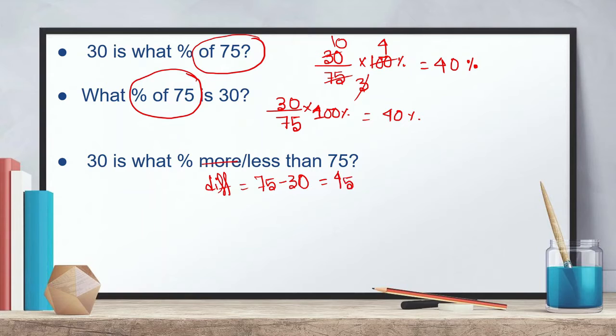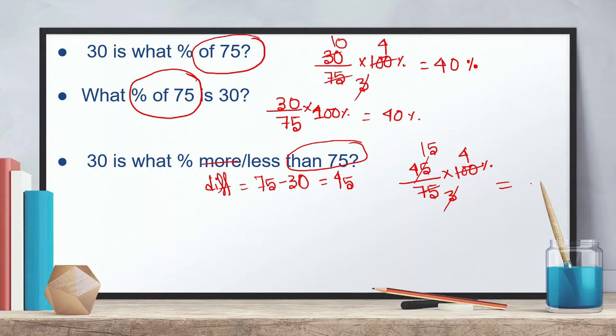And then what is after "than"? It will be in the denominator. So 45 divided by 75 cross 100%. And it will be cancelled with 25. 25 is 3 of 75, and it will be 4. 3 15s are 45.